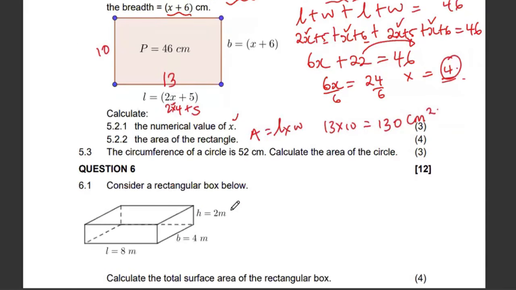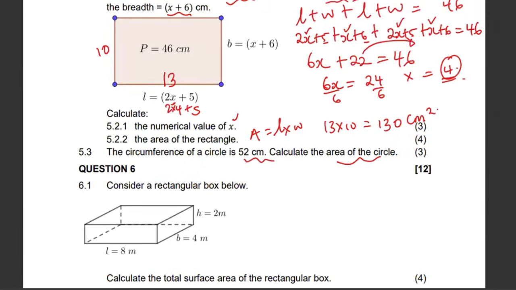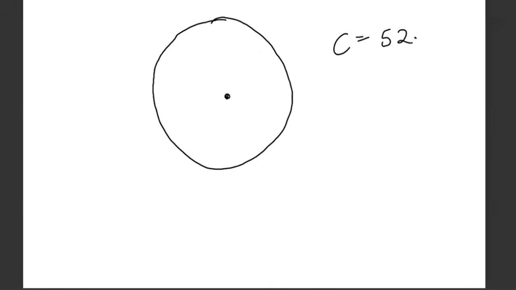Then 5.3, they're telling us that the circumference of a circle is 52 centimeters. Calculate the area of the circle. So one thing we know about a circle is that the perimeter of a circle is what we call the circumference. Okay, meaning that circumference is 2 pi radius.